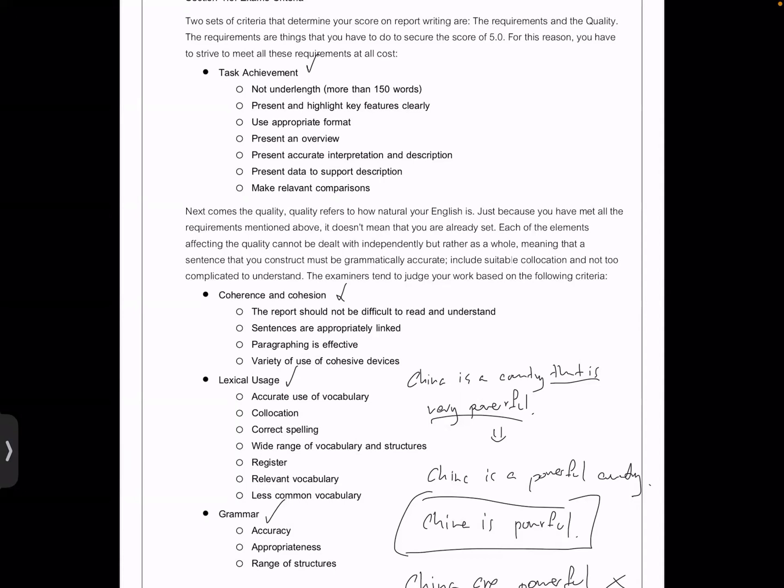Grammar is all about being able to use structures appropriately, and also showing a variety of the structures you're capable of using. When you use them, you have to follow the rules associated with each structure. Okay, so that's it.